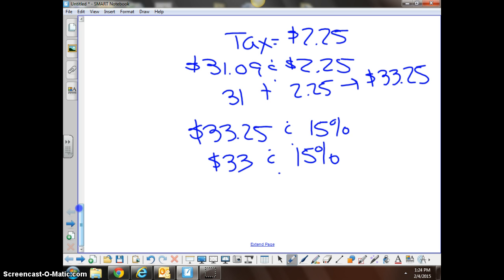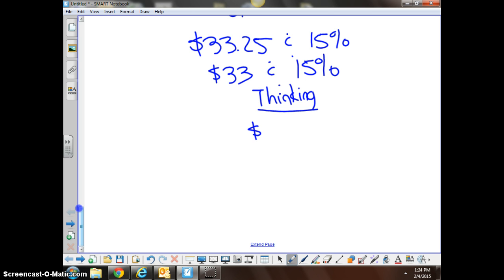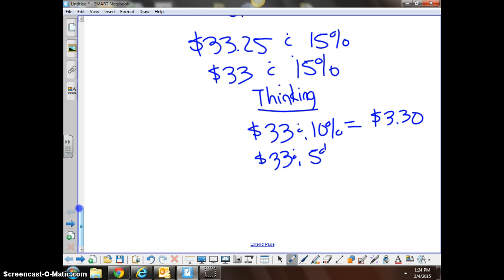So here's my thinking here. If I'm using 15%, I know that 10% is a really easy number to deal with. So if I have $33 and 10%, what do I have? $3.30. What is half of $3.30? Because I got to use 33 and 5%. I can do that in my head. It's about $1.65.